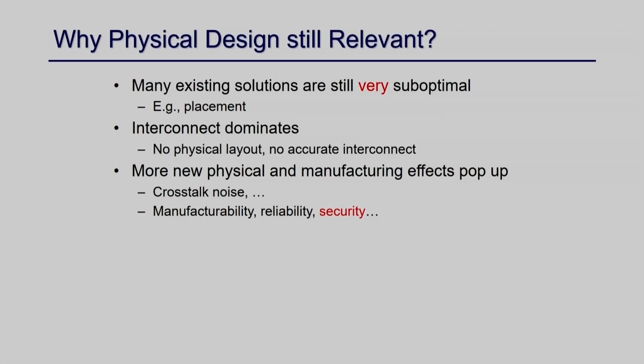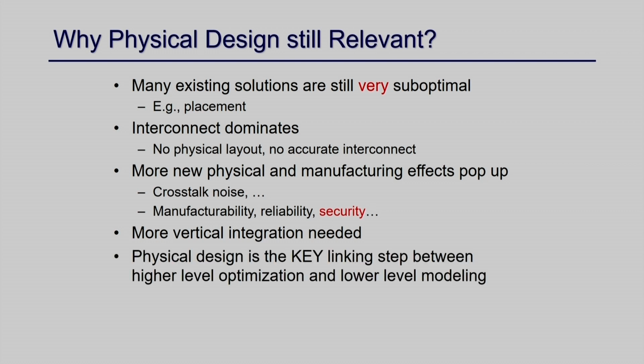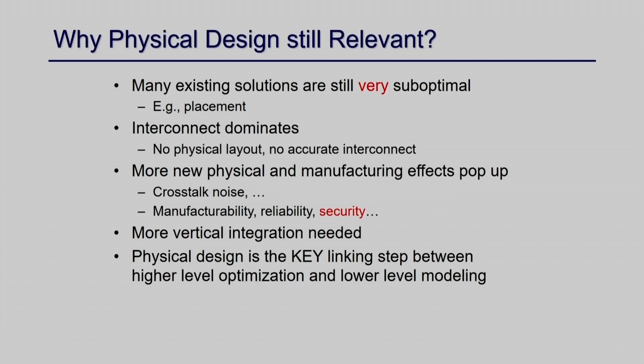And most importantly, as time moves on, new complexities are coming up, for example the reliability of your chip. Interconnections are going very high nowadays, and you also want to minimize crosstalk. So reliability of your design and security are also big concerns nowadays.